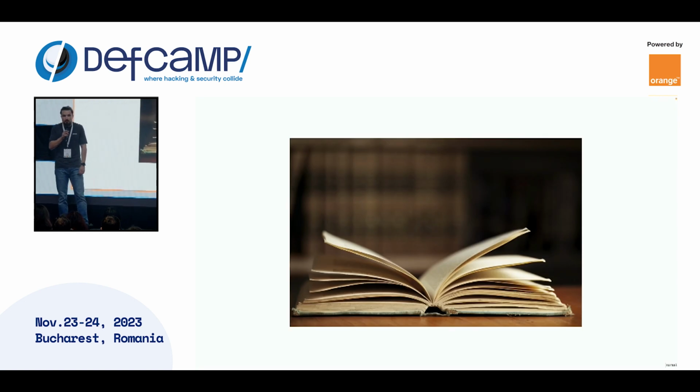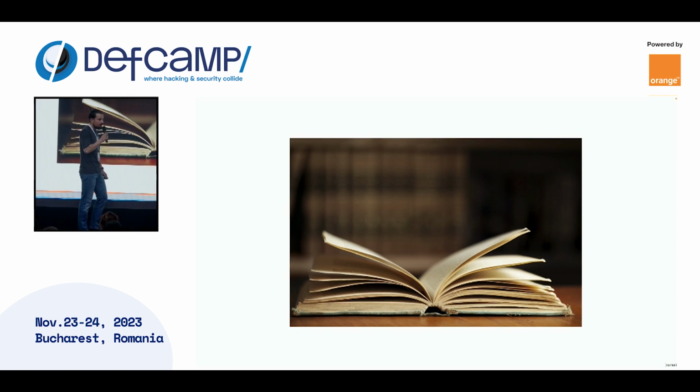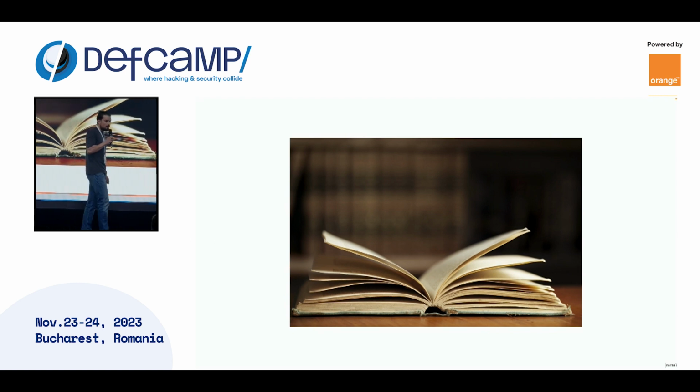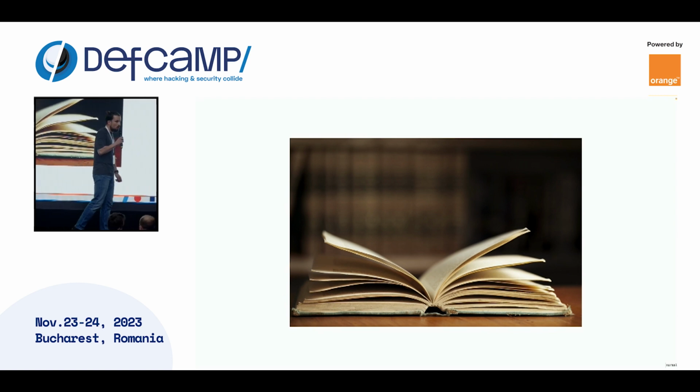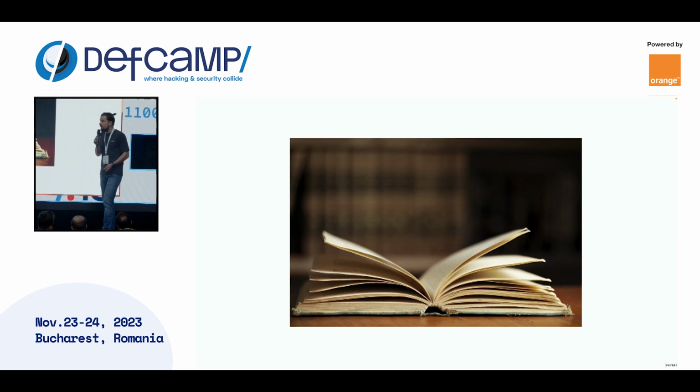But I'm here to talk about another topic, namely vulnerabilities and open source. The reason that I like open source is that it's like an open book. You can see the implementation, you can see what the computer should run, because you basically have the definition of the application.